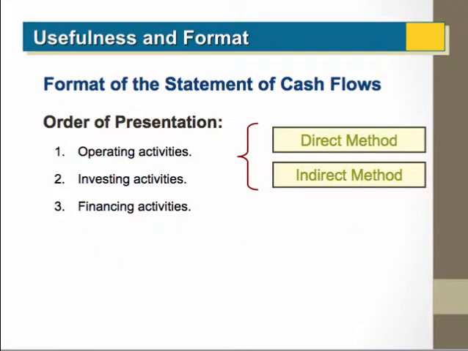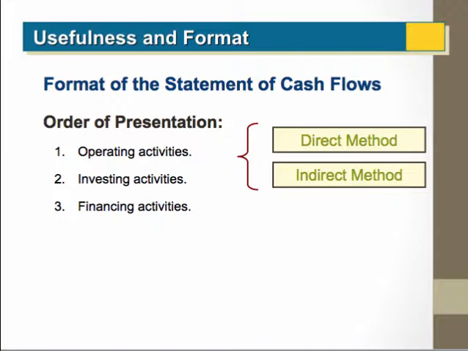Now, there are two different types of statement of cash flows: the direct method and the indirect method. The direct method requires the preparer of the financial statement to take a look at the cash account and accumulate the debits and credits in the cash account so you can specifically identify what items have increased or decreased the cash account.